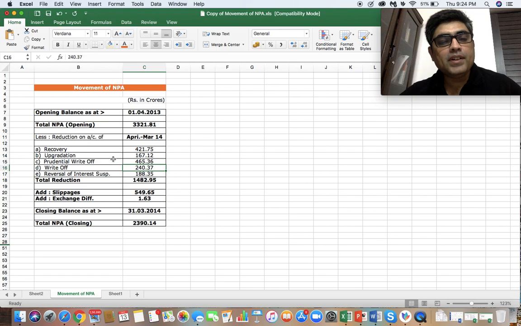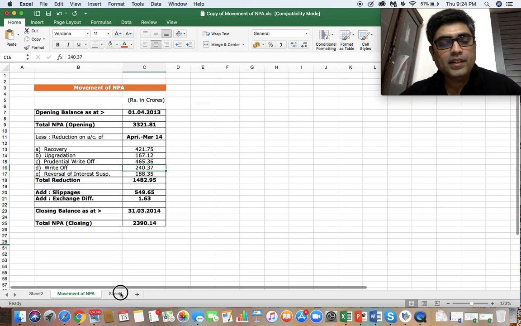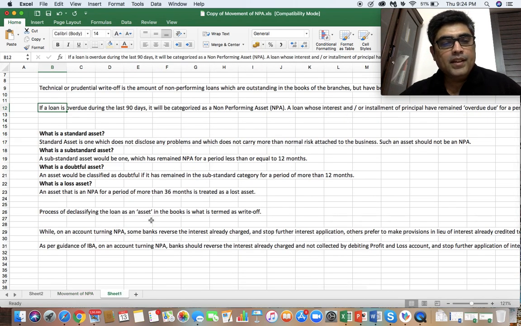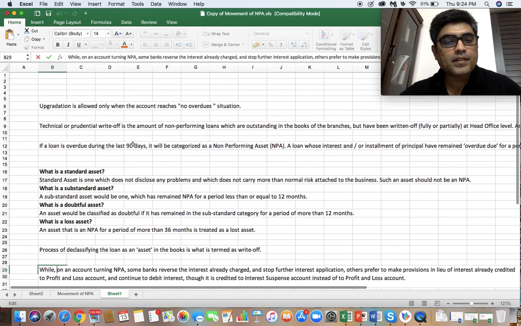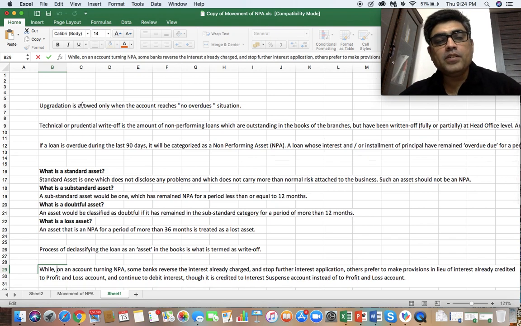Then comes upgradation. So upgradation, as you see over here, just a second, I guess I've lost it. Yeah, so upgradation is allowed only when the account reaches no overdue situation.